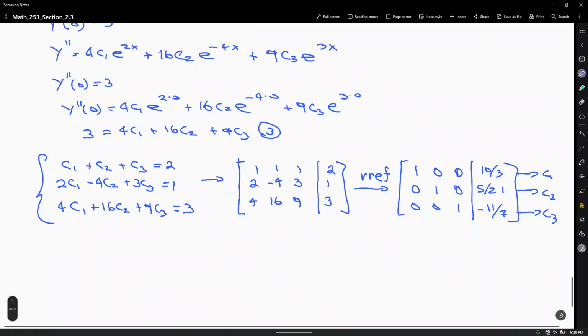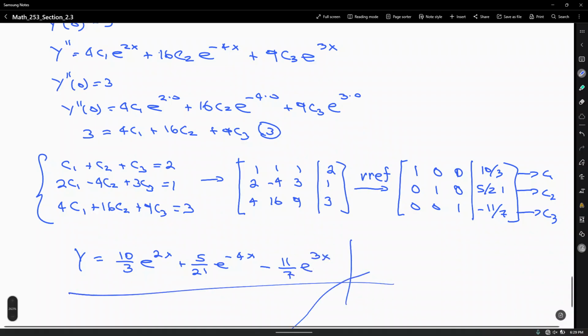We're not done yet. This is y equals 10/3 e to the 2x plus 5 over 21 e to the -4x minus 11/7 e to the 3x. Final answer. All right, guys.